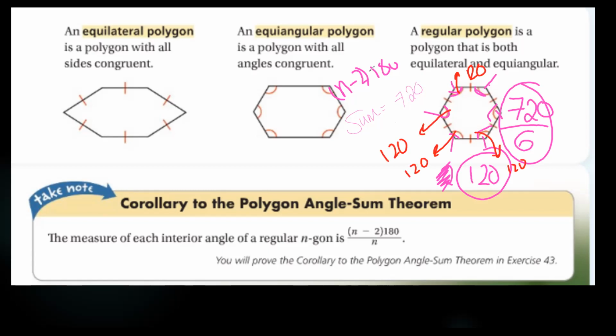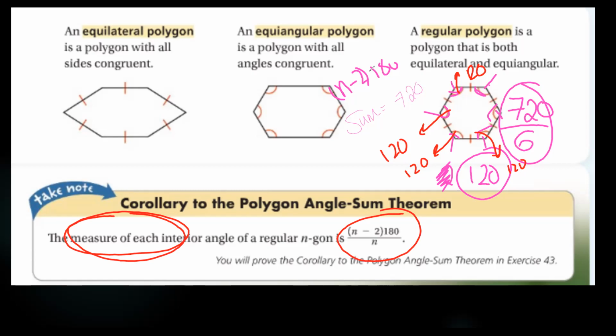So in order to find the measure of each angle, which formula do I have to use? This one: n minus 2 times 180 divided by n. The measure of the angles is n minus 2 times 180 over n.